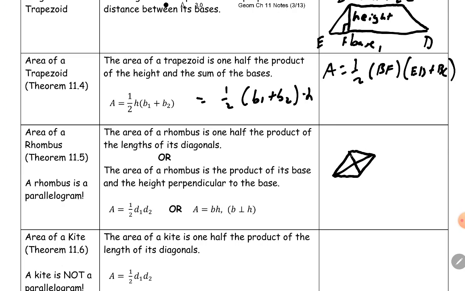So let's call this B, C, D, E. Diagonal 1 would be BD. Diagonal 2 would be CE. So my area would be 1/2 diagonal 1 times diagonal 2.